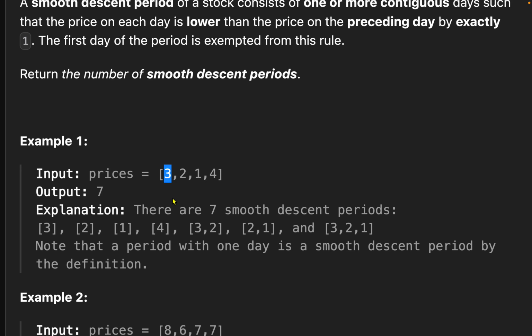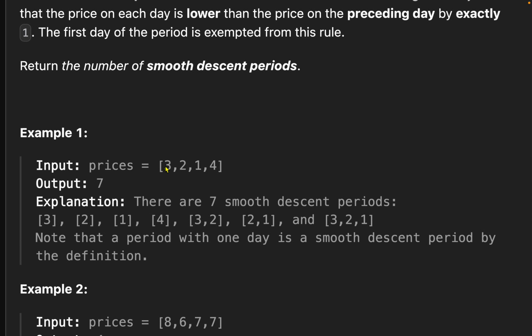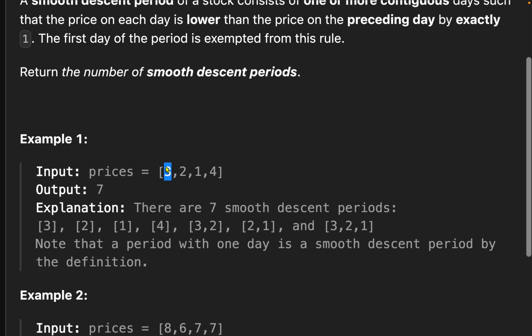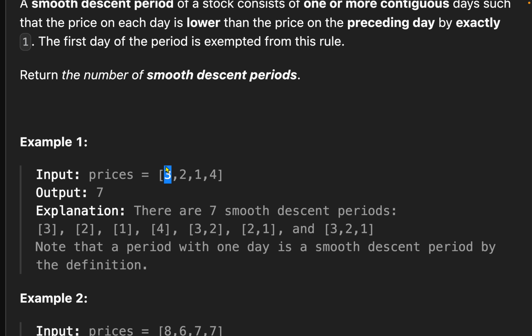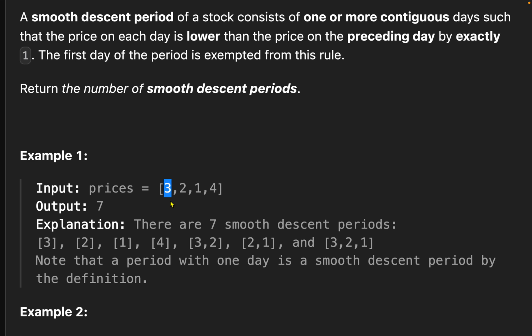Within this array, one thing we can count is each individual day. Within each individual day, we count this as a descent period, and this period would be of length 1.